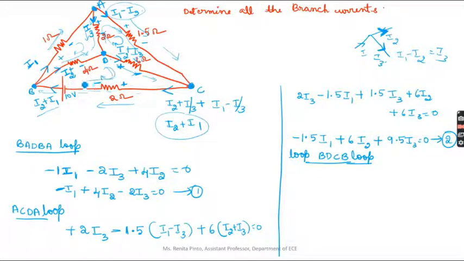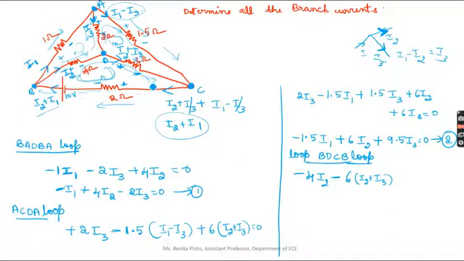While you're going like this, you will be entering the positive, so you have to write it as minus 4. Current in that is I2. Then again, I'm entering the positive, so it will be minus 6 into current, which is I2 plus I3.